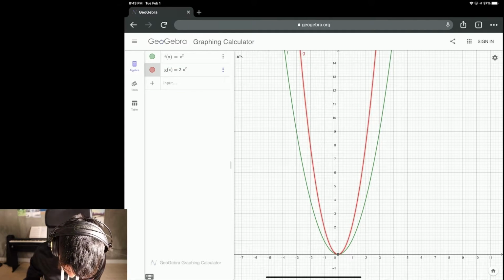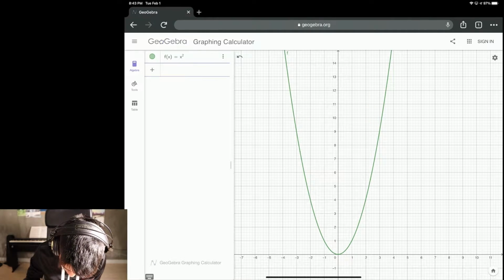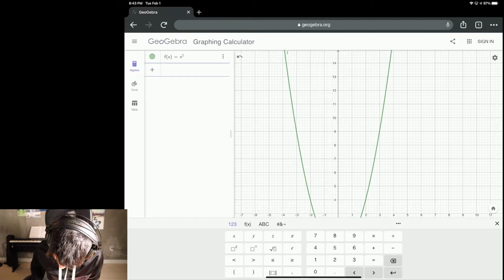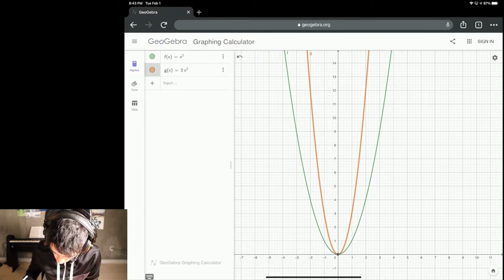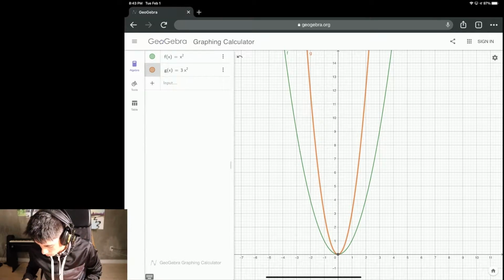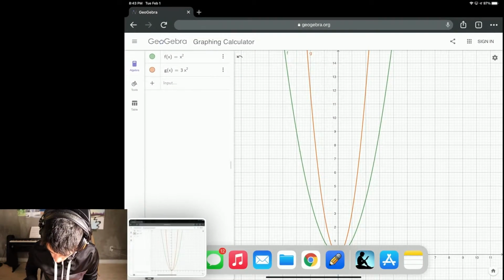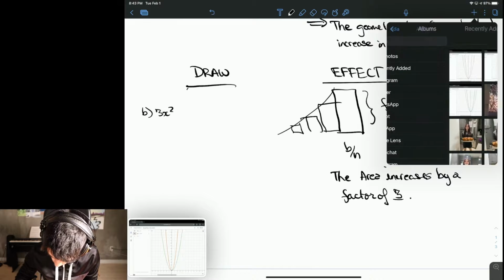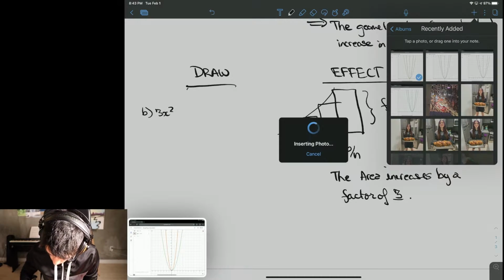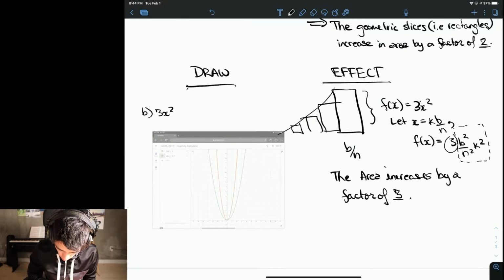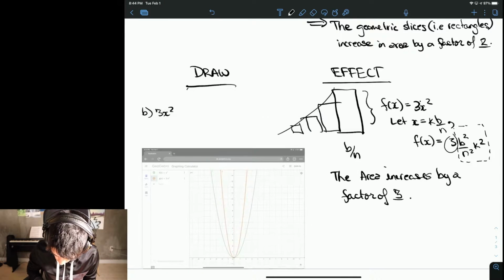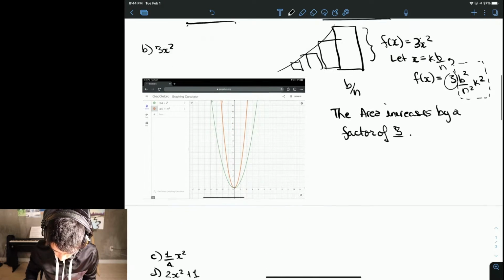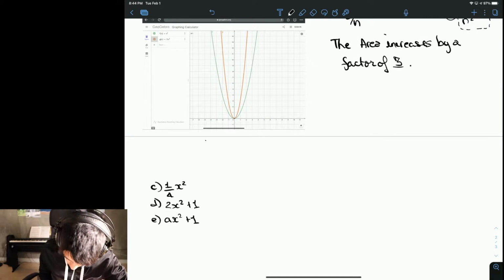So I will delete this one. 3x squared, that's what that looks like. Take a picture. Cool stuff. Next.